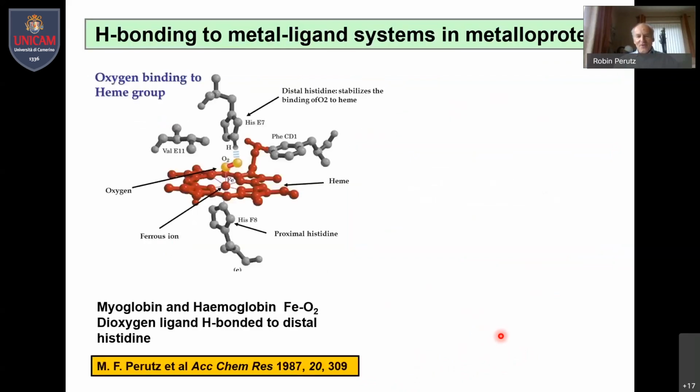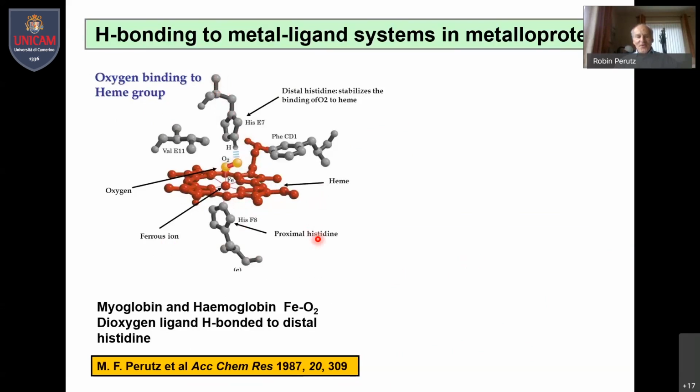I've put on two examples of metalloproteins. The first is a classic where I have a family interest. This is hemoglobin and myoglobin. Here we have the iron surrounded by the porphyrin, and there's the O2. And the O2 is hydrogen bonded to a histidine.